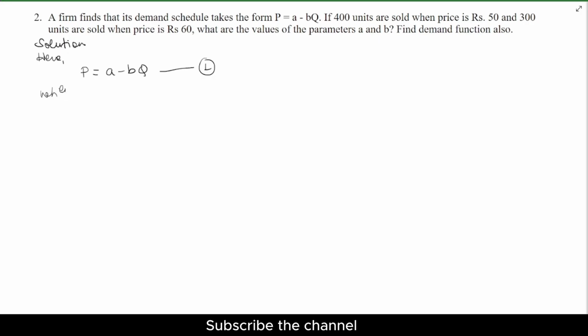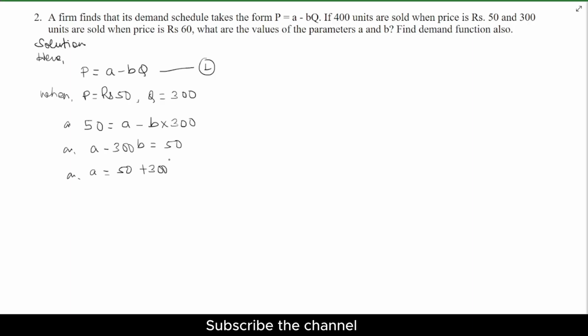Sorry, I made a mistake. When the price P equals rupees 50, and Q, the quantity, equals 300, then equation 1 will become, okay, let me draw it properly, 50 equals A minus BQ, Q equals 300, or it will be A minus 300B equals 50, or what we can do, A equals 50 plus 300B.